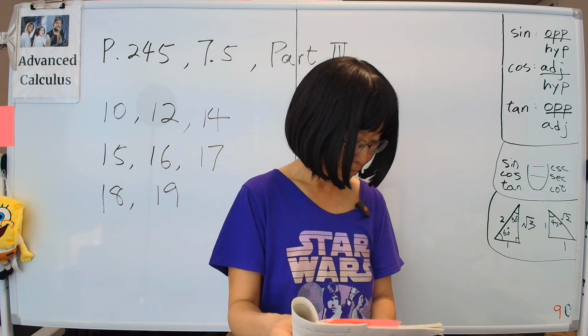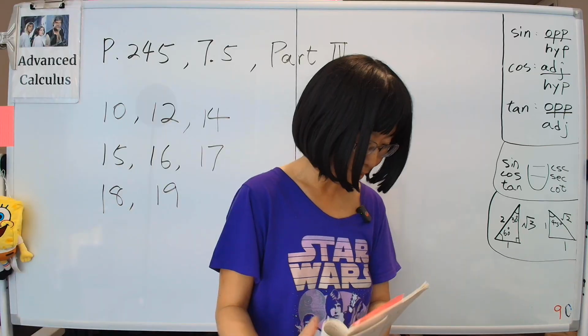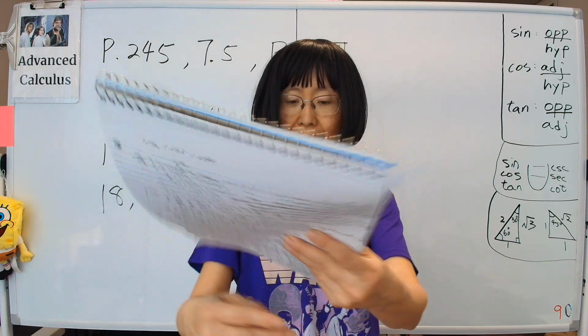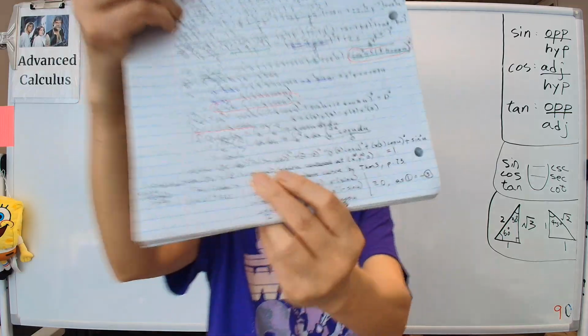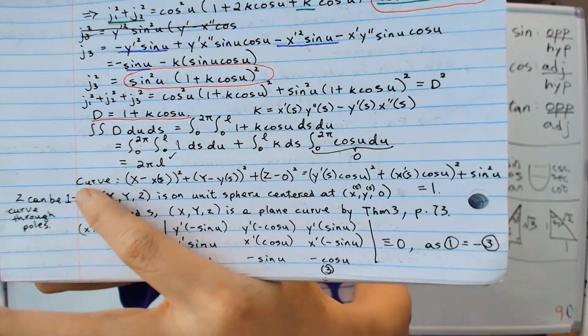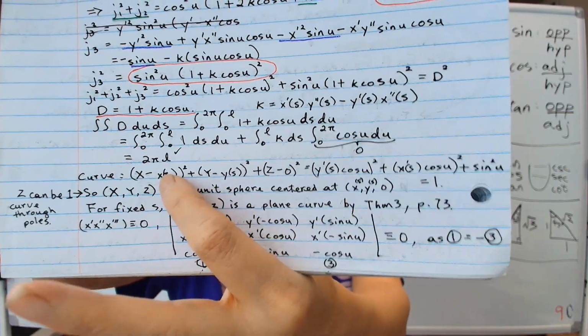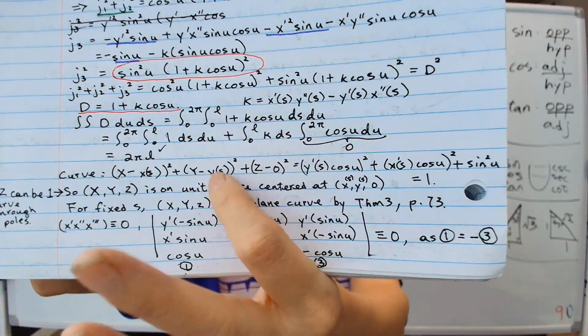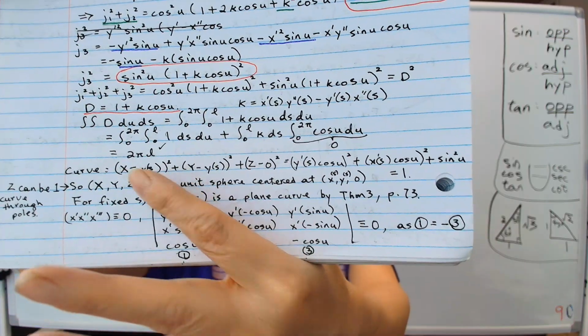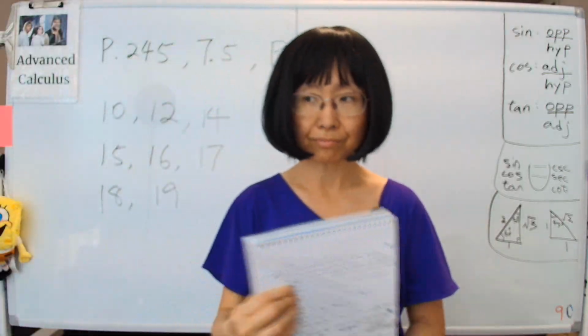And then what I want to mention is that we can calculate the curve by calculating this formula right here, where the curve is the small xs and small ys, okay? But that's the tracing curve.